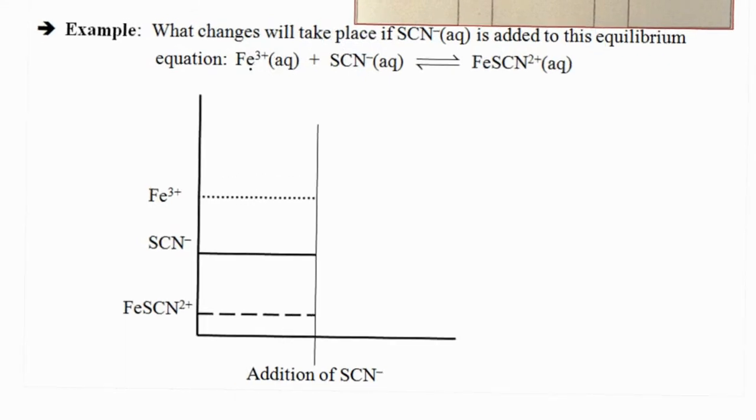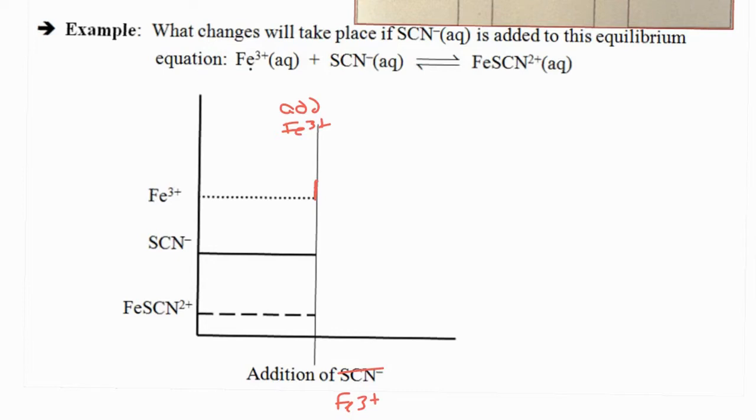So here we want to look at some different changes. Let's first maybe look at what happens when Fe3+ is added. So if I add Fe3+, if I look at the graph, initially it's going to go up. I add iron 3+. Initially, this graph is going to go up because the concentration of Fe3+ is going up.